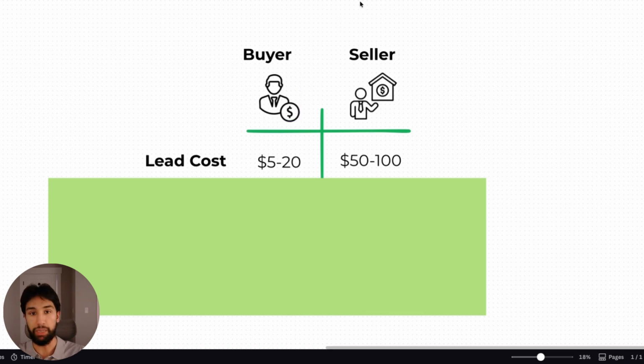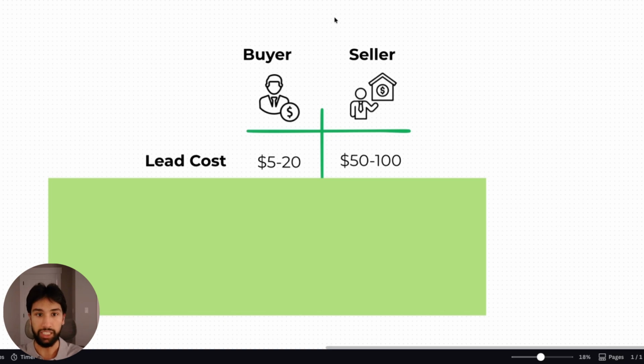In most markets, buyer leads are cheaper to generate, sometimes dramatically cheaper. A typical buyer lead through Facebook or Google might cost anywhere between $5 and $20, occasionally a little bit more depending on the targeting. The reason they're so cheap is because buyer demand is much more visible. Buyers are actively searching. Someone might be in Capitol Hill browsing homes in Ballard on a Tuesday night, curious about the prices or imagining moving someday.